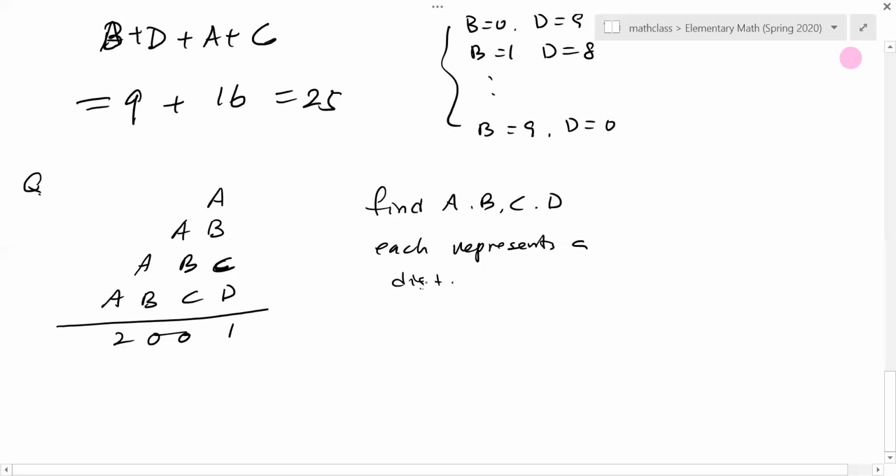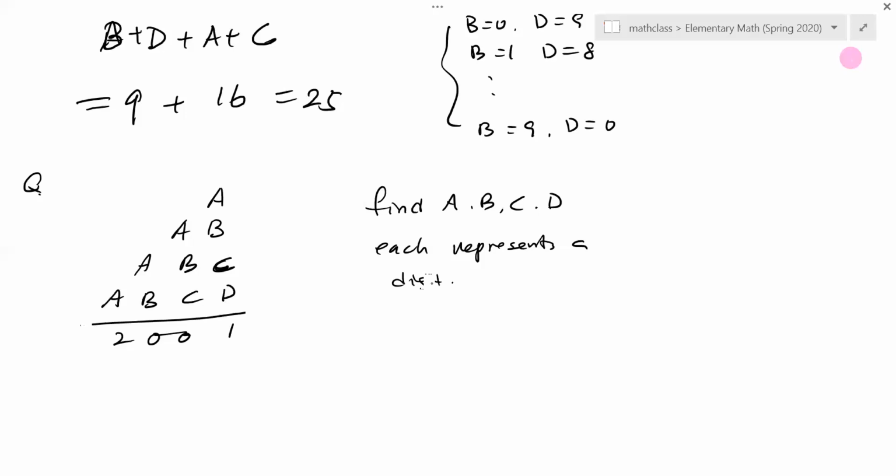All right, so those are digits. Think about that, okay? We have to find out A and B and C. So what is a starting point? You cannot look at the last digit. A plus B plus C plus D should be equal to 1 or 11 or 21, or 31.